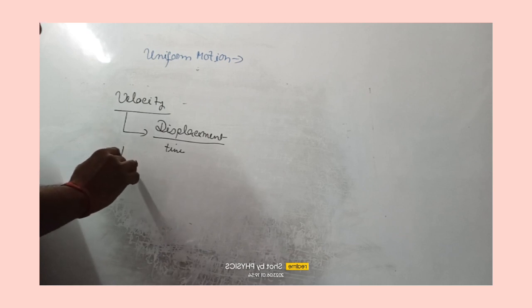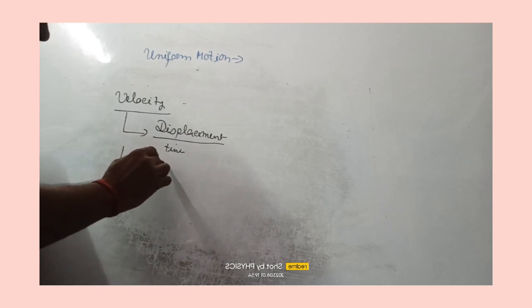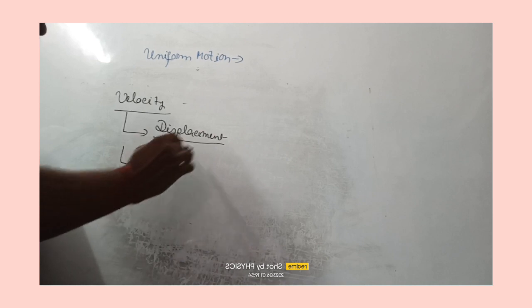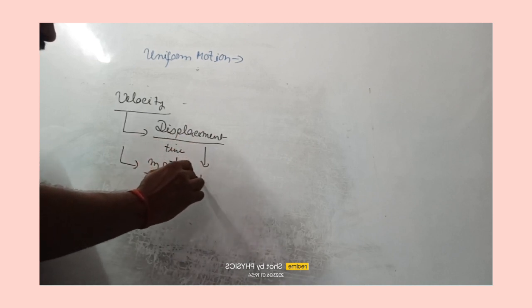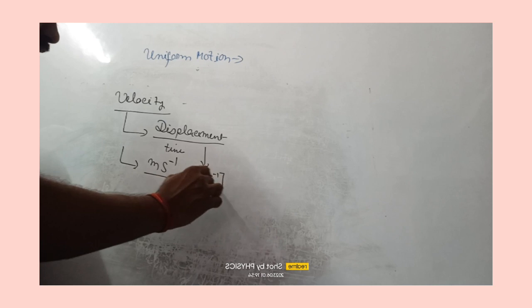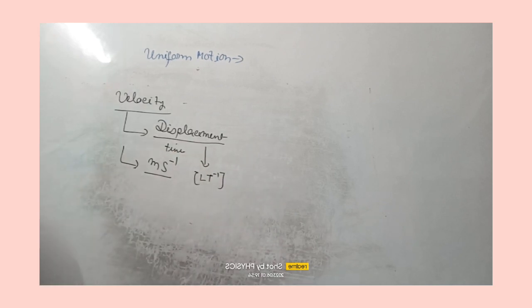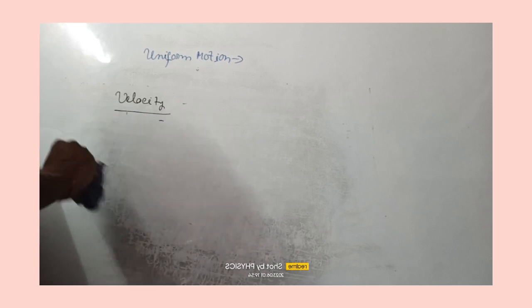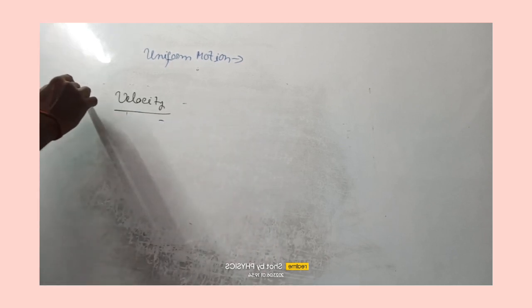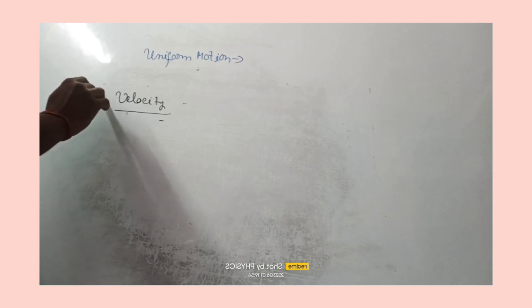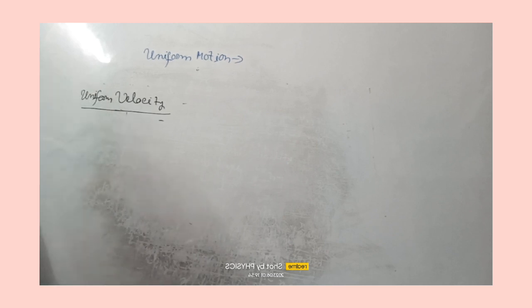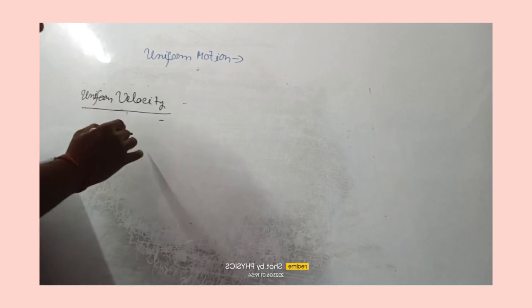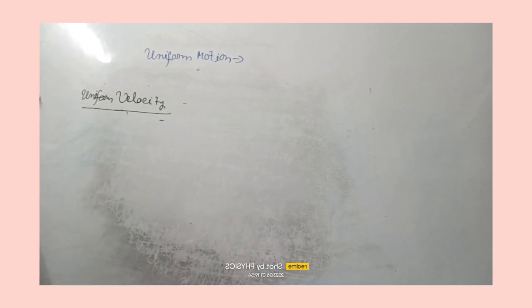The displacement unit is meter and time is second, so the unit is meter per second, and the dimension is L T inverse. Now the velocity is of two types, number one is the uniform velocity. Equal displacement in equal intervals of time is known as the uniform velocity.